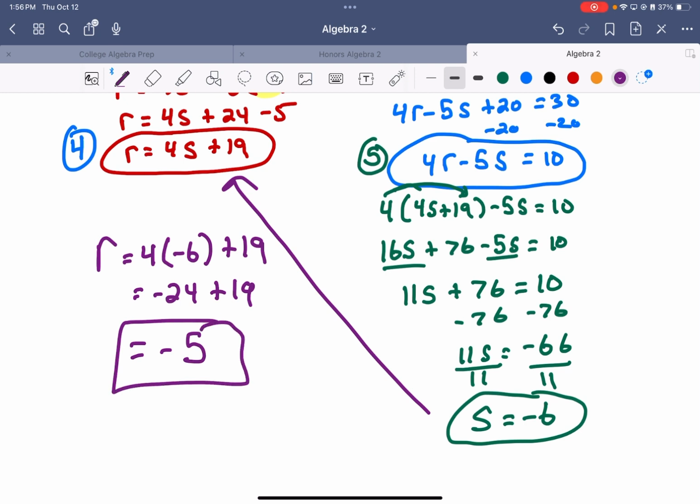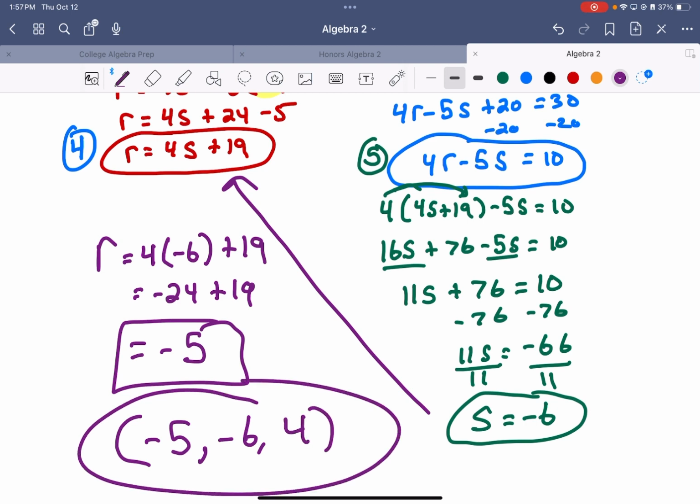So when we write the solution to this, it's in alphabetical order. My r value is first. That was negative 5. My s value was negative 6. My t value was 4. That's my solution to that system with 3 variables.